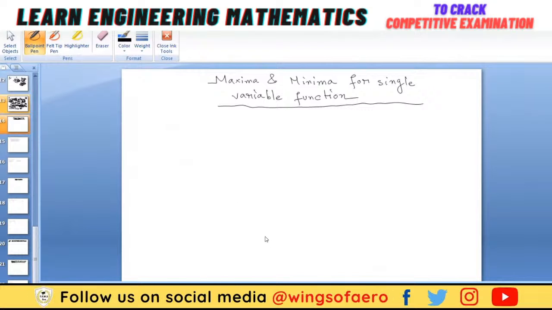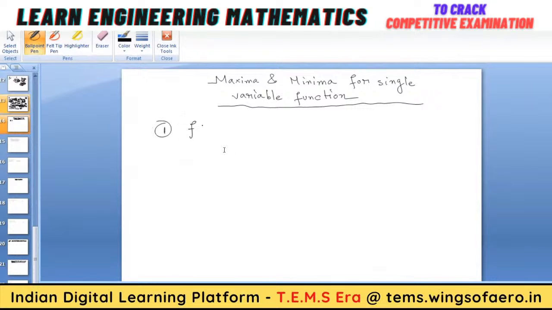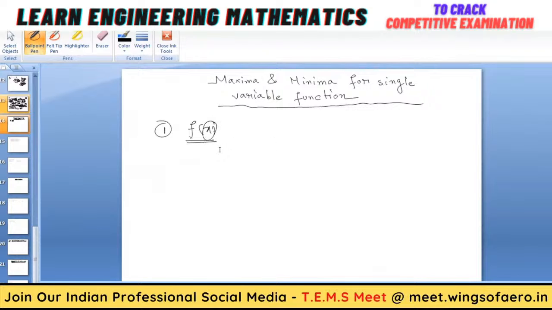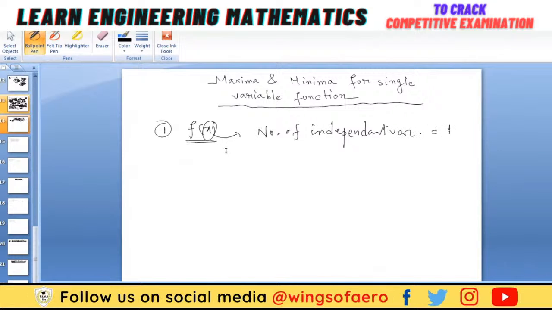First of all, you have to check the number of variables in the function. If the function is f of x, where the number of independent variables is equal to 1, this is called a function of a single variable.